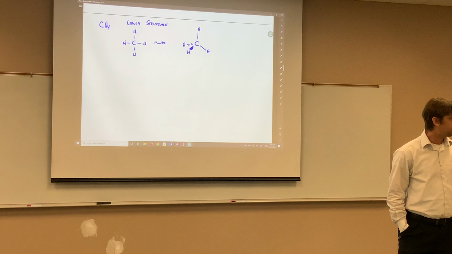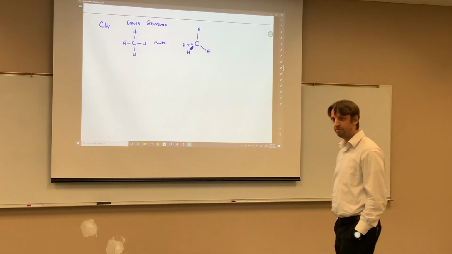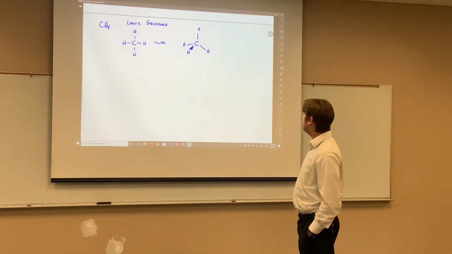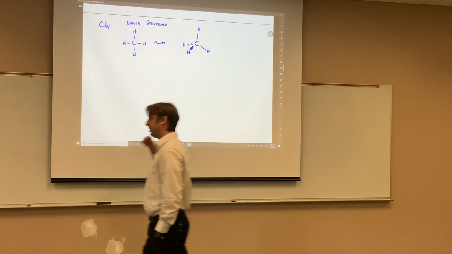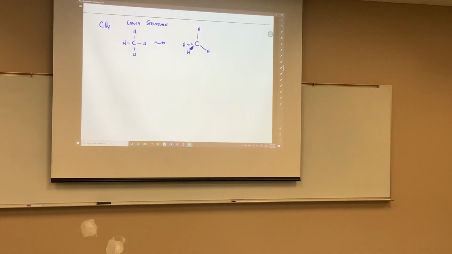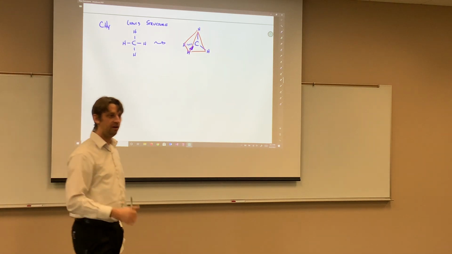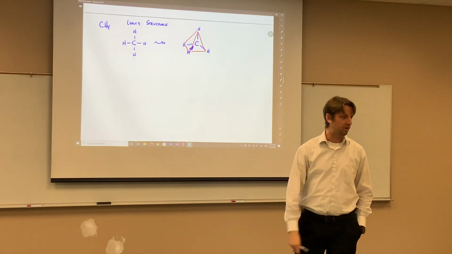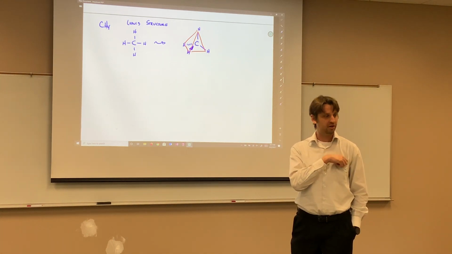So a tetrahedron is a four-sided, three-dimensional shape. That's where the tetra comes from. If you connected each of the hydrogens together to make a triangle as a face, you don't have to draw this if you don't want to. But if you connected all the hydrogens together, and I certainly don't have the artistic ability to do it well, each of those faces, there'd be four of them, and that's where we get the tetrahedral geometry from.